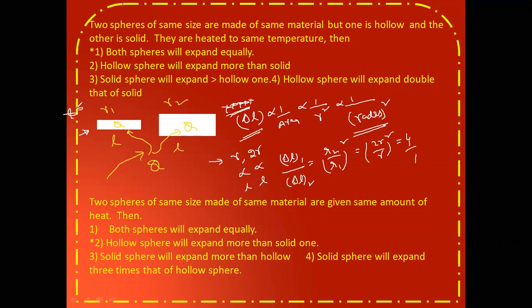This is one of the important models. I think these types of problems can be seen in the weekend examination also. Is it clear? These 2 points are very important.